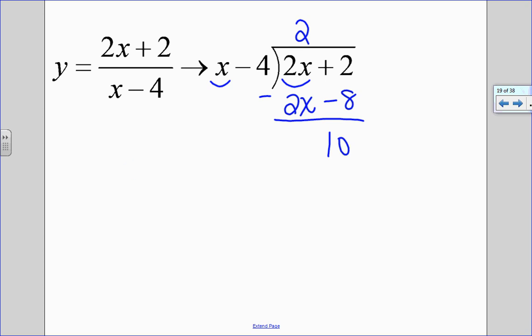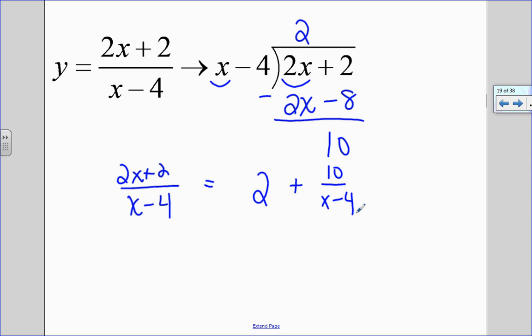That's the remainder. So 2x plus 2 over x minus 4 is 2 wholes and 10 remainder out of x minus 4, or flipping it around, 10 over x minus 4 plus 2.